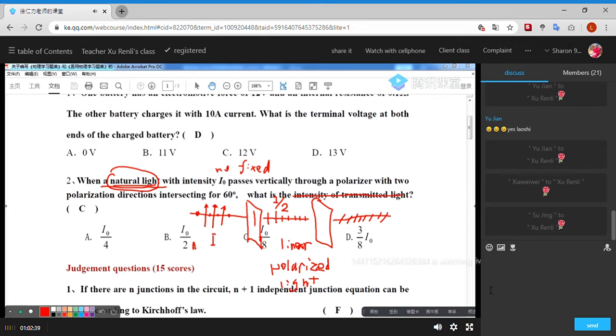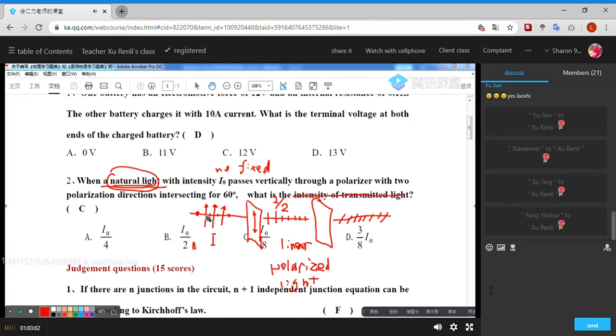When the direction is the same as the polarization direction, this part will pass through the polarizer, and the perpendicular part will be absorbed or reflected by the polarizer.